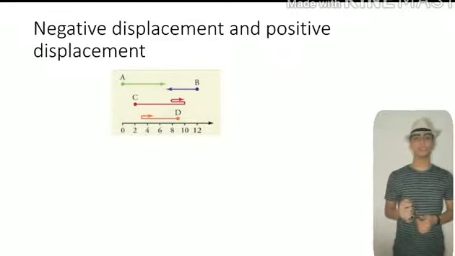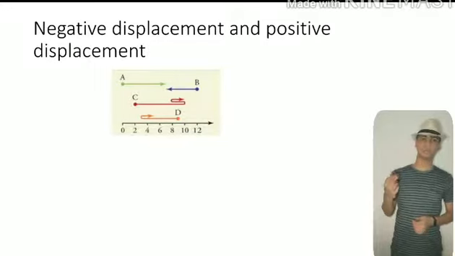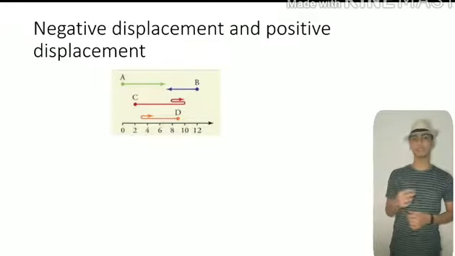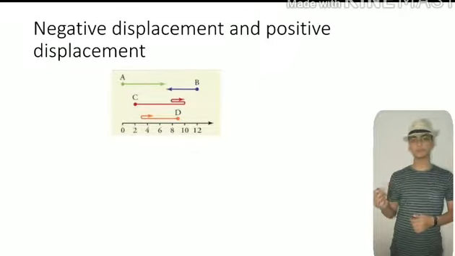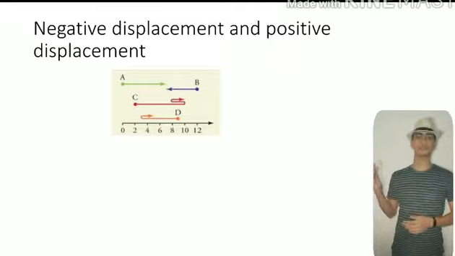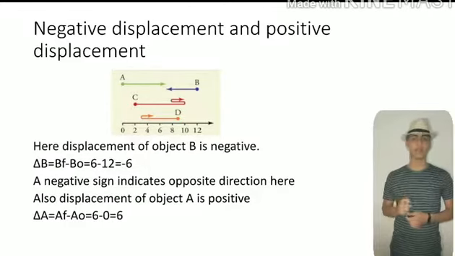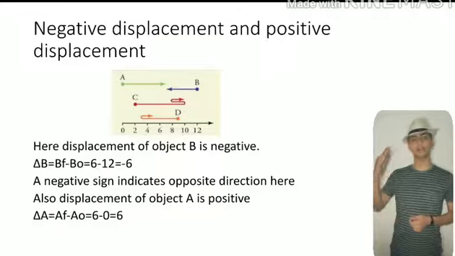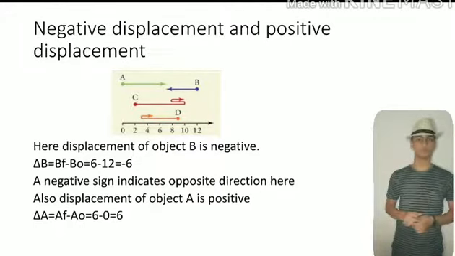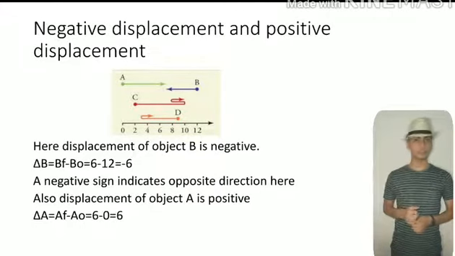Point A is located at 0, whereas point B is located at 12. And the object moves from the 12 kilometer point to the 6 kilometer point. So in this, the displacement made is 6 kilometers, and this is represented as negative as it is going from a higher value to a lower value. So that will be a negative displacement.